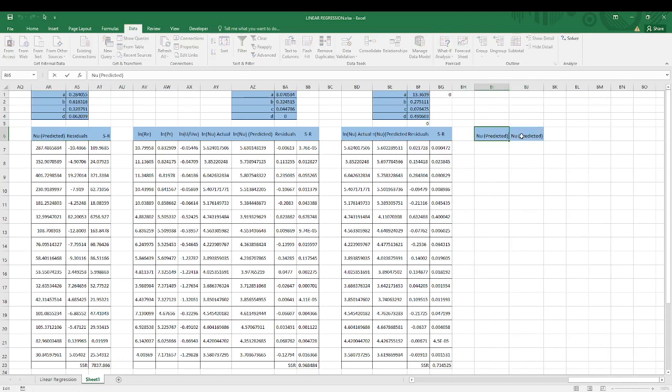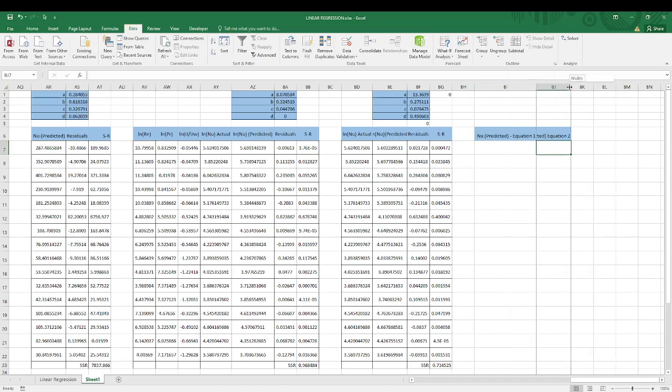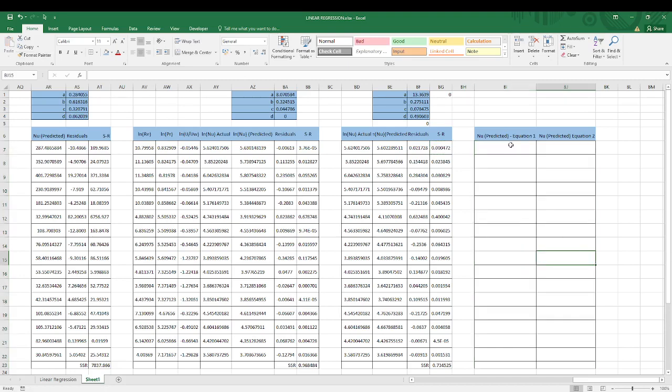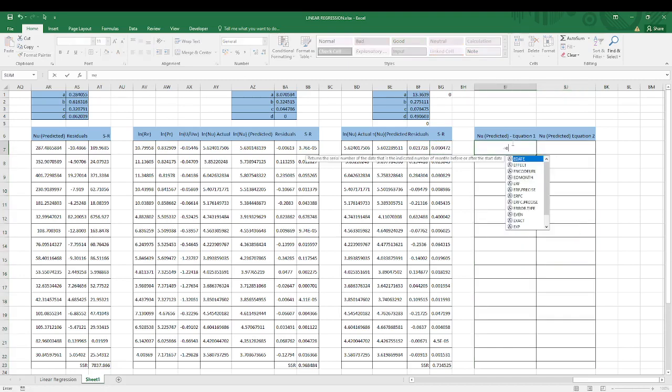So Nu, equation 1, and this is for equation 2. Exponential function, then exponential sa equation 2.